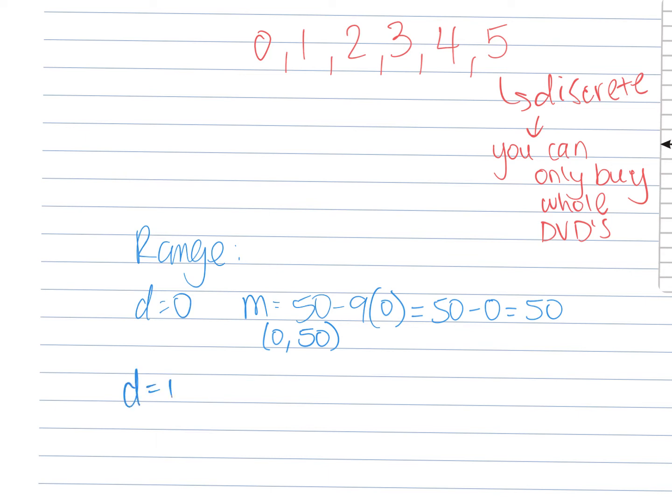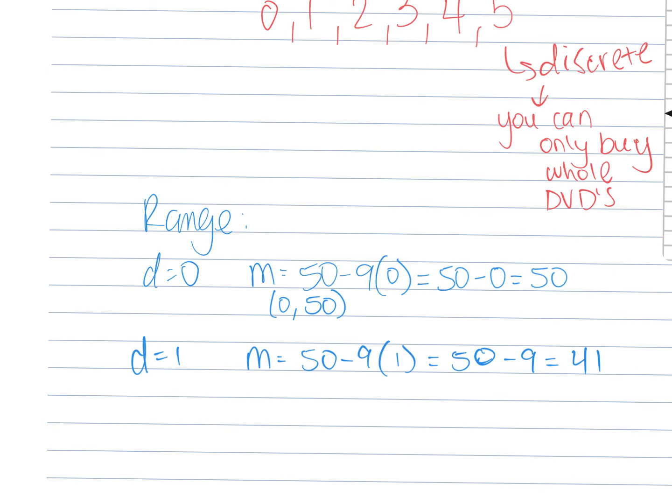So D equals 1, M equals 50 minus 9 times 1. What's 9 times 1? 50 minus 9 gives me 41. So what's my second point? 1 comma 41. Are you guys starting to see it now a little bit?